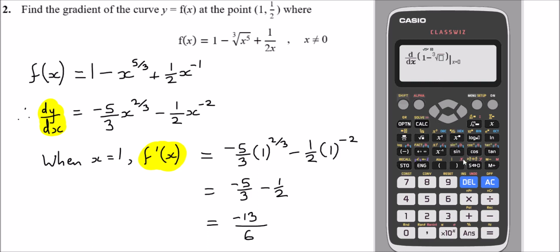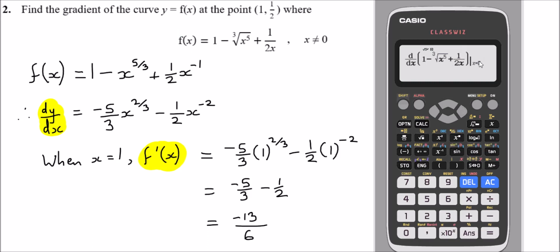So this is a red x, so we need alpha. So alpha x to the power 5, and then plus 1 over 2 alpha x. So it should look exactly as what we have over here.